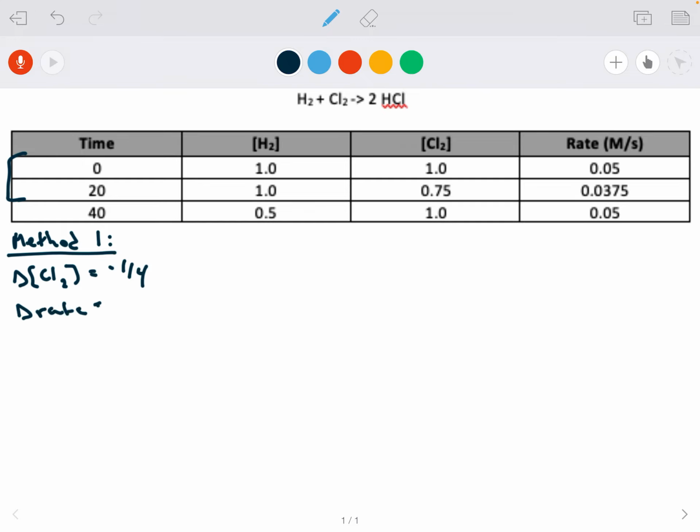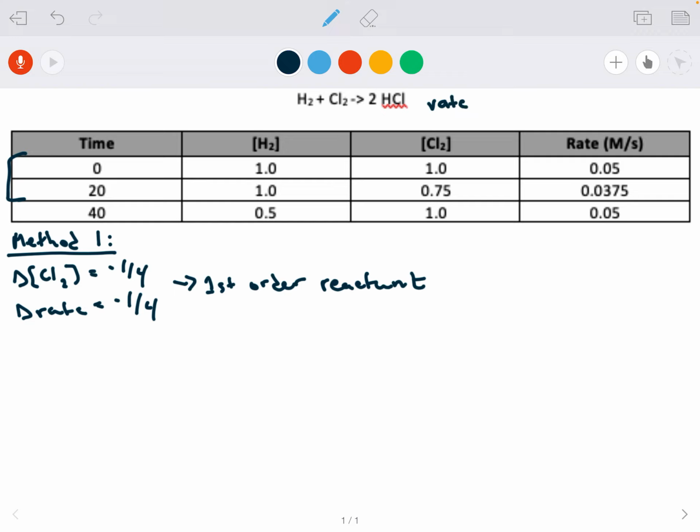And the change in rate was negative 1/4. So because the change of the concentration of chlorine was the same as the change in the rate in terms of what percentage it changed or what proportion it changed by, that means this is a first order reactant. So chlorine is first order.